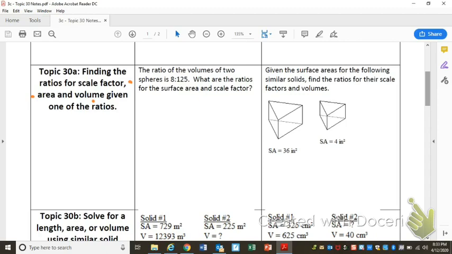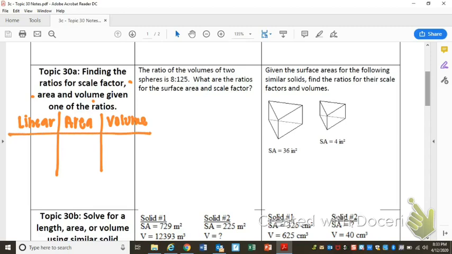So how this is going to look, we're going to set up a chart. We're going to have linear, then we're going to have area, then we're going to have volume. And under each one of these, we're going to put their corresponding ratios.